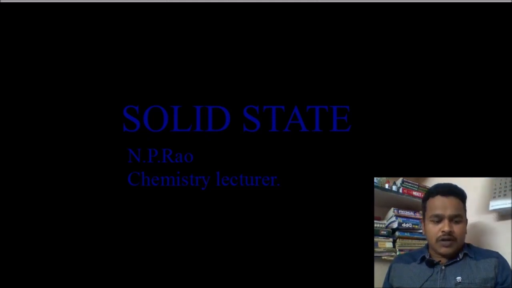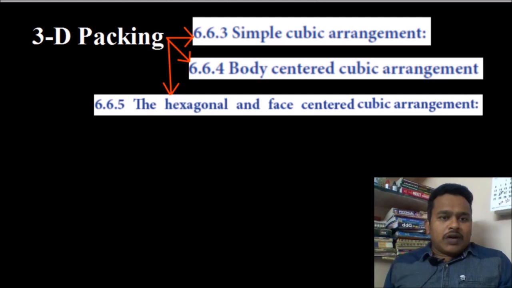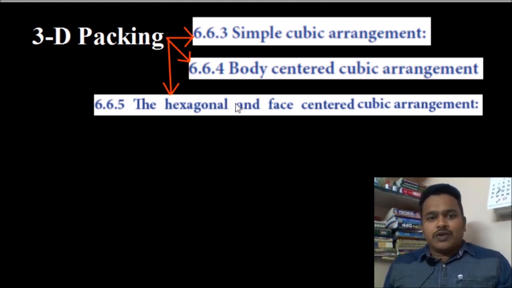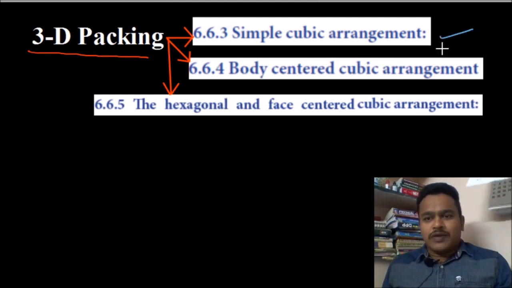This is what we discussed in the last videos. We discussed 3D packing of crystals. In the 3D packing, we discussed the simple cubic arrangement and the body centered cubic arrangement.